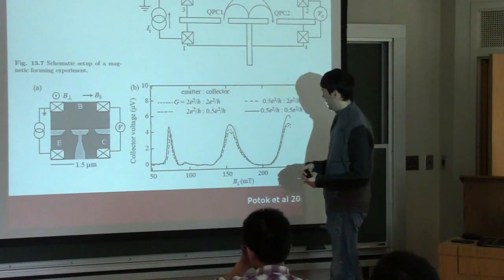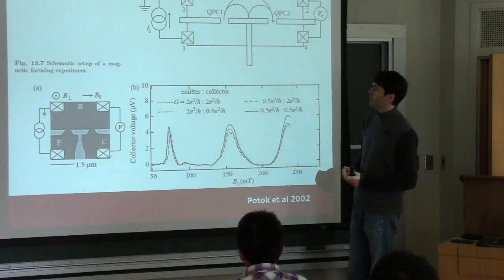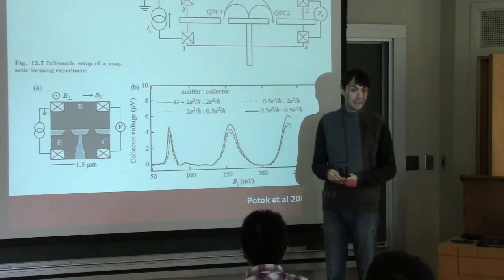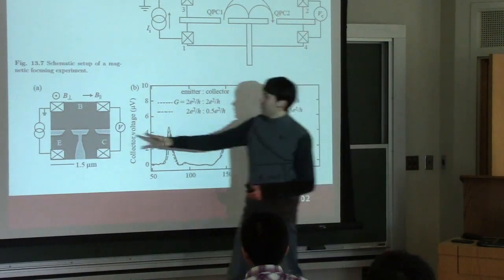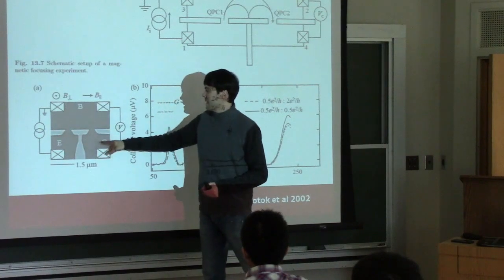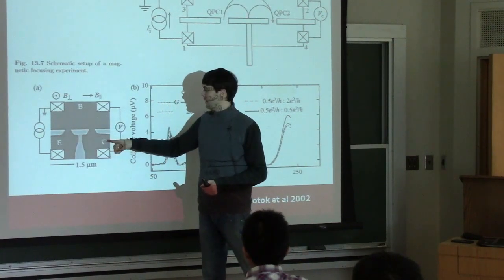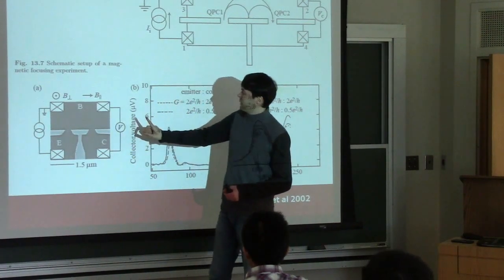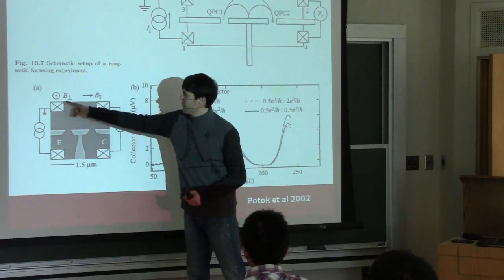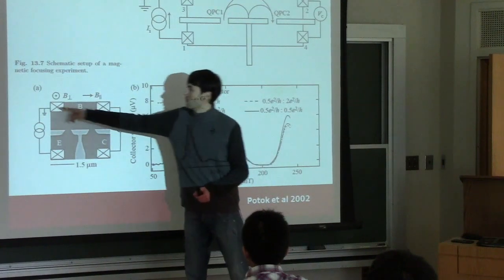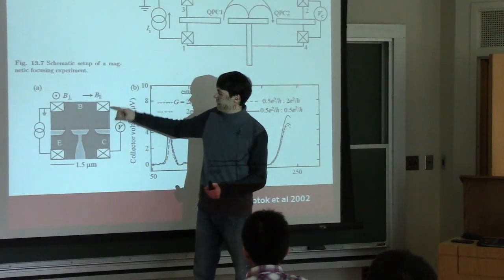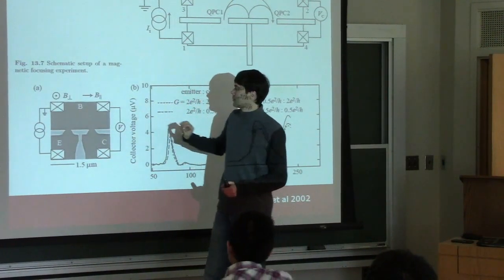This was done back in 2002 in this beautiful experiment, which you will already recognize. It's a focusing setup. Like from last lecture, there are two quantum point contacts, E and C, emitter and collector, and the electrical circuit is non-local, so current is sent this way, ground is here, and voltage is detected on the right side.